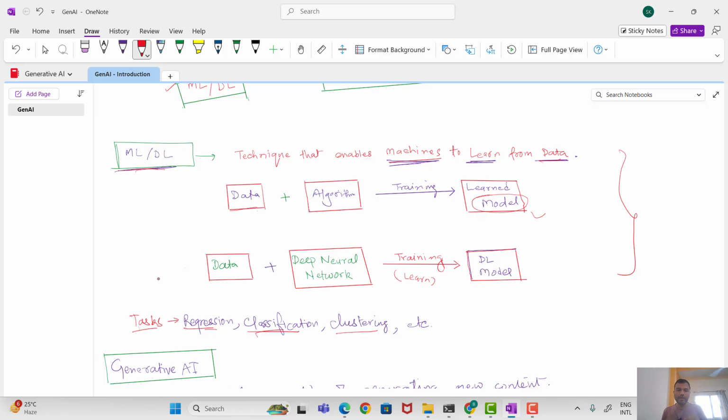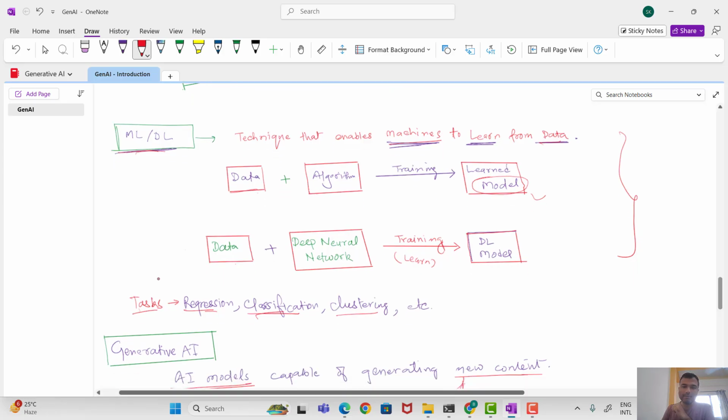When the algorithm is a neural network, and particularly a deep neural network, that deep neural network is trained on the data, and after training, we get a trained deep learning model. So when a deep neural network is trained and we get a model, that model is called a deep learning model.